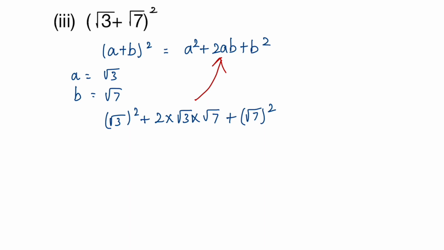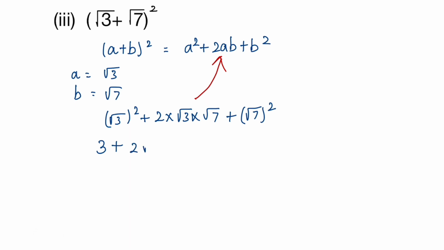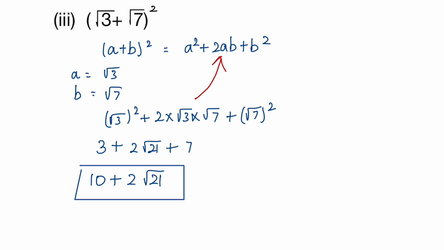Now evaluating this, root 3 squared is 3, and 2 into root 7 into root 3 is 2 root 21, because root 3 into root 7 you can take under a common root. Then root 7 squared is 7. So this 3 and 7 you can add and you will get 10, and it is 10 plus 2 root 21, and that is the answer to this question.